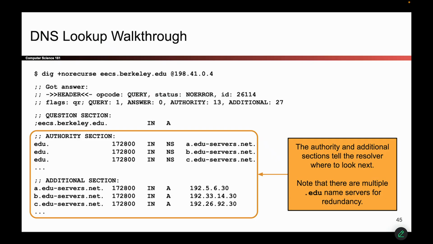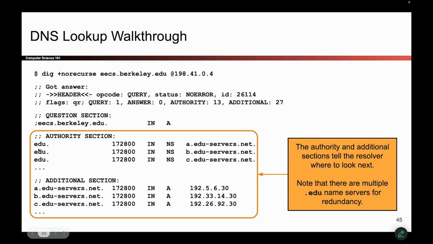If you didn't like that explanation, let me give you another one. Let's say we stopped right here with the authority section, and we said there is somebody else who is an expert at .edu, and their name is a.eduservers.net. Let's say we just sent this, and we stopped right there. What would the resolver's next step be? So if we're the name server and we send this answer back, what's your next step?